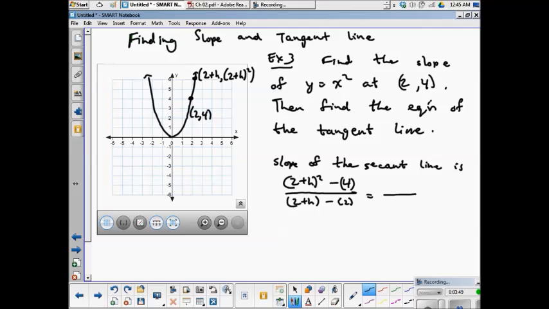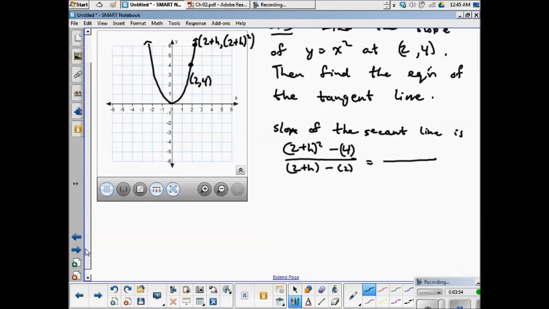The numerator turns out to be 4 plus 4h plus h squared minus 4.